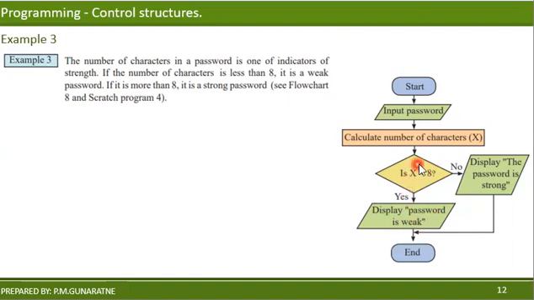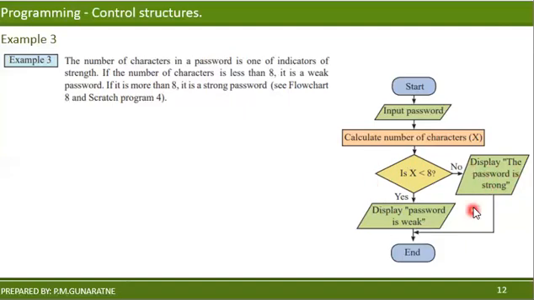If it is not, that means this number is greater than or equal to 8, then it is a strong password. Here, greater than or equal, we have to take the equal sign as well, right? That means this is less, the other part is equal or greater than, right? So if it is 8 or more than 8, then the answer would be the password is strong.